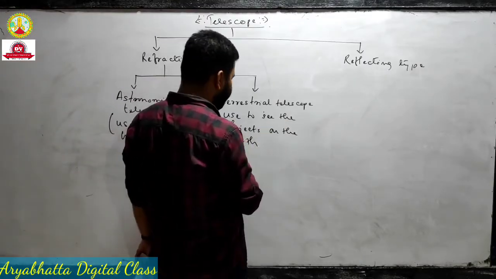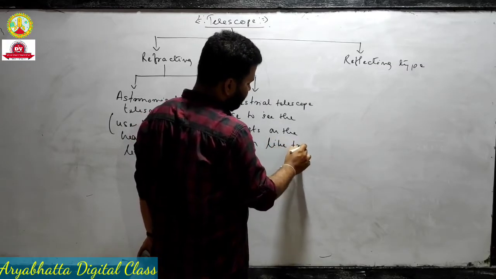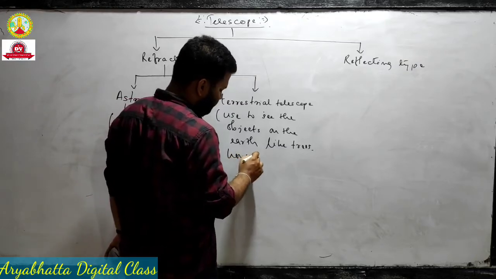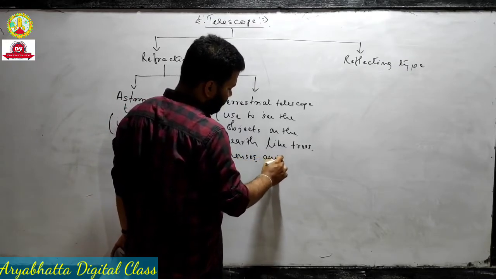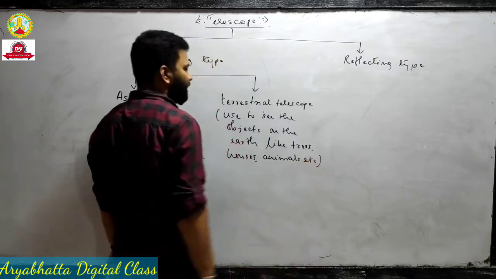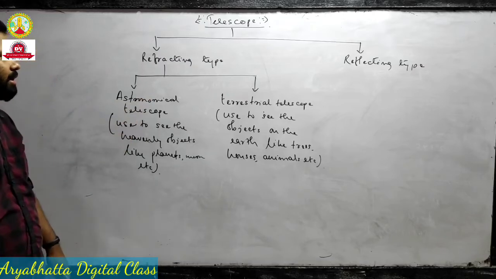So used to see the objects on the earth like trees, houses, animals, etc. Okay, that is a binocular. You know binocular. So that is a terrestrial telescope.